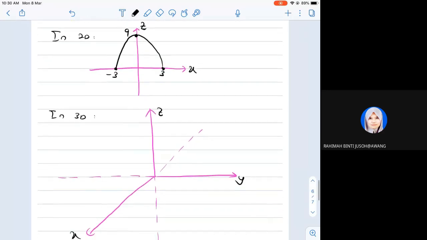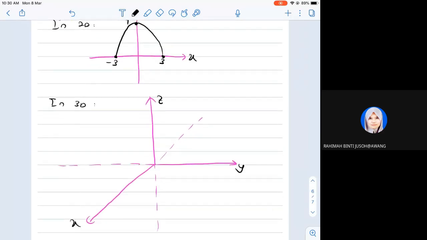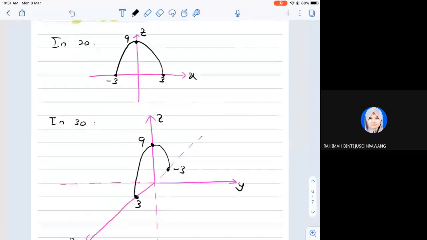You tengok dia Z dengan X kan sekarang ni. Z dengan X. So X of course you kena letak dalam kepala paksi X mesti depan dengan belakang. Okay, depan dan belakang kan. So you akan buat 1 depan 3. Okay, 1 depan. Yang depan ni 3. Yang belakang ni negative 3 lah of course. Negative X kan. So Z always 9 lah macam atas ni.